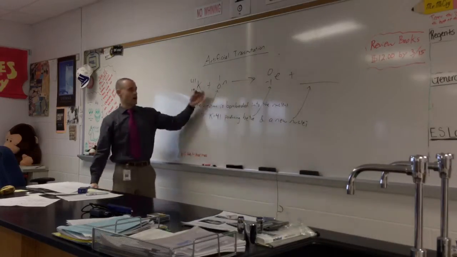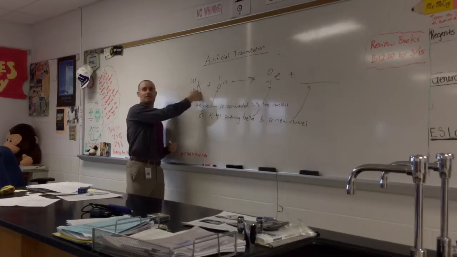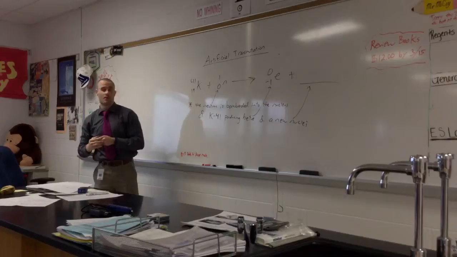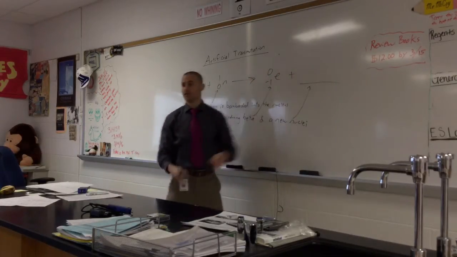So this is called artificial because scientists will take this neutron, speed it up, and slam it into the potassium, forcing this thing to do something it doesn't want to. And in the process, it gives off radiation and turns into something new.